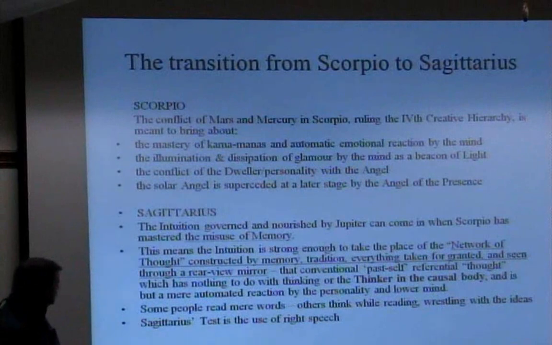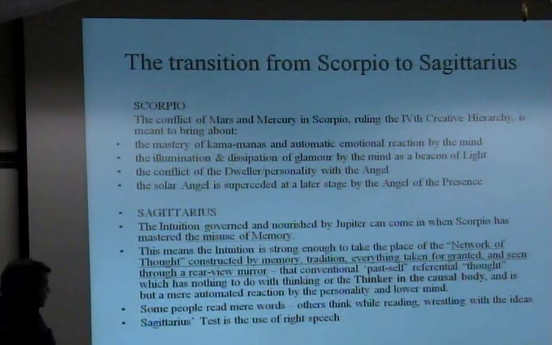This means the intuition is strong enough to take the place of the network of thought constructed by memory, tradition, everything taken for granted and seen through a rear-view mirror, conventional past self-referential thought, which has nothing to do with the thinking or the thinker in the causal body, and is a mere automated reaction by the personality in the lower mind, just habituated over lifetimes. So, yeah. Sagittarius' test is the right use of right speech.